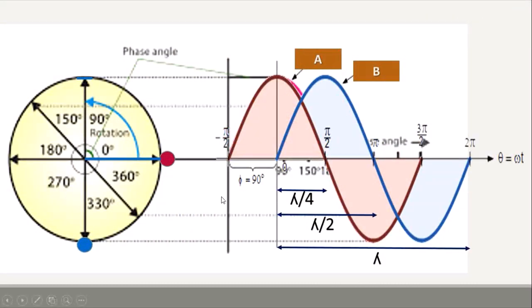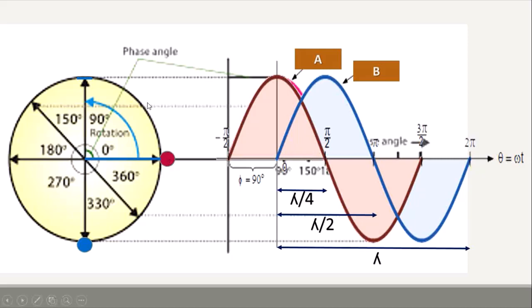Now we move on to another important concept: the relationship between phase angle and path difference. Here I am showing one circle, and on the circumference of the circle, at two different positions, I have taken two particles. One is a blue colored particle, and the other is a red colored particle.